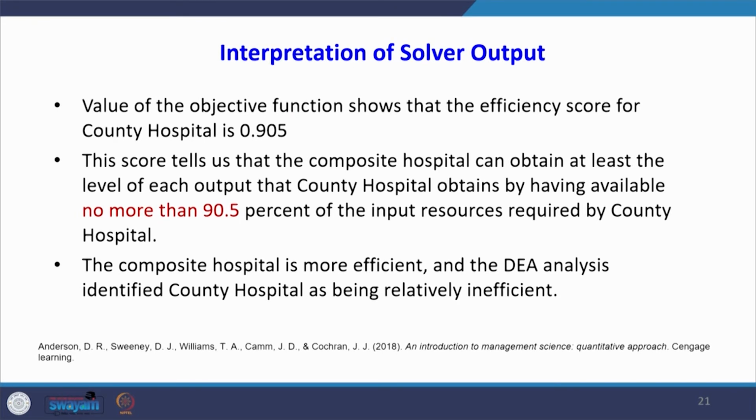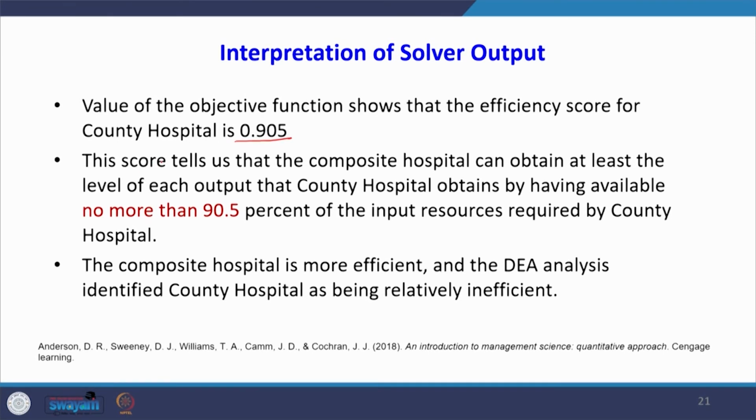The value of the objective function shows that the efficiency score for county hospital is 0.905. Remember, we have solved for the hypothetical composite hospital, but this is the efficiency for the county hospital. What is the meaning of this 0.905?